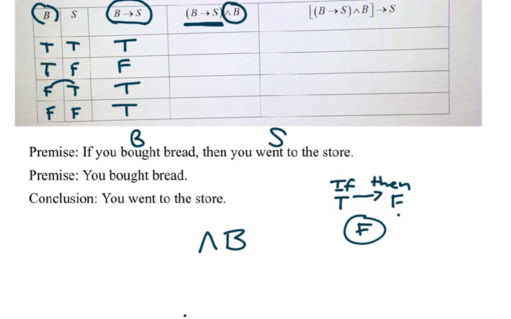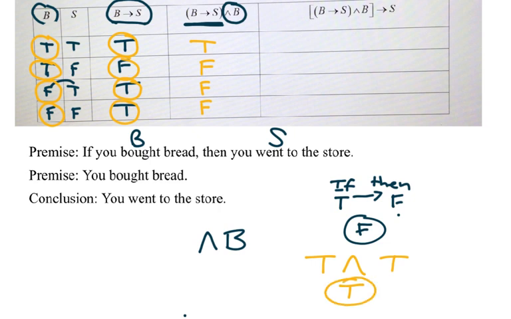So it has to say true and true to be true. So let's take a look. We have true and true, that's true. True and false, that's false. False and true, that's false. And false and false, that is also false. So the only time an and statement is true is when we have true and true. That makes something true.